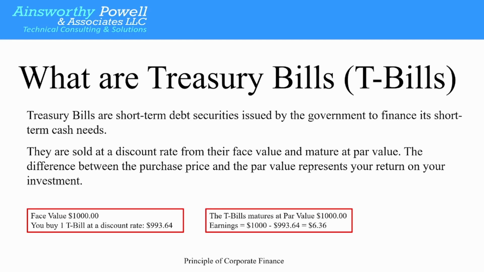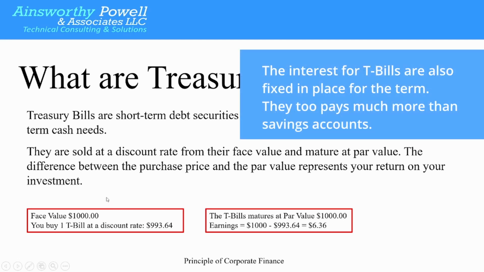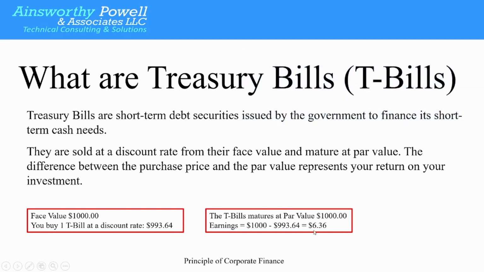And then whatever discounted price you pay, when you subtract the two, the difference is your earnings. So that's what I have in the red box below here. The face value is $1,000. If you buy one T-bill for, say, $993.64, when it matures at $1,000, you subtract the two and you end up with $6.